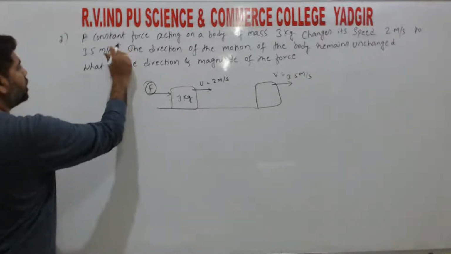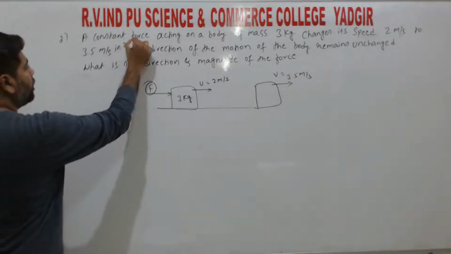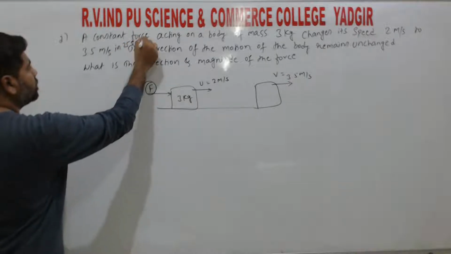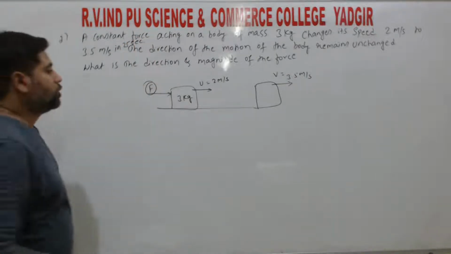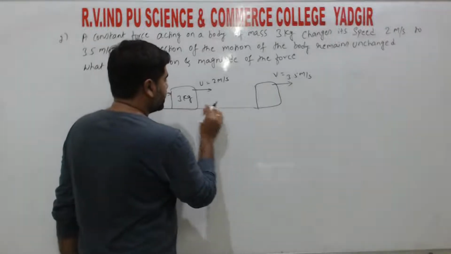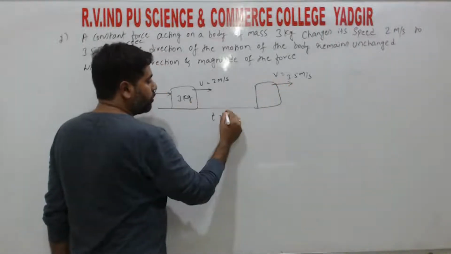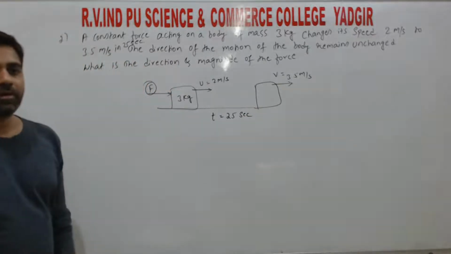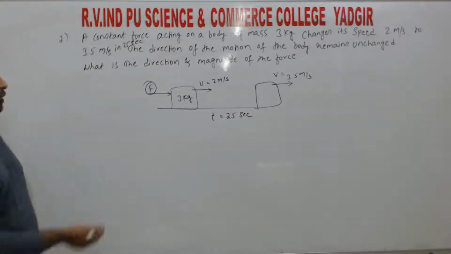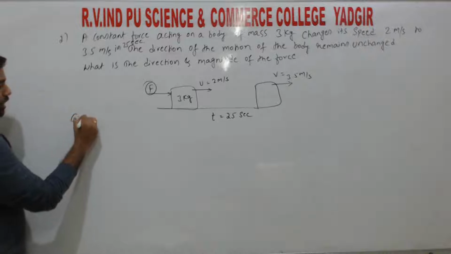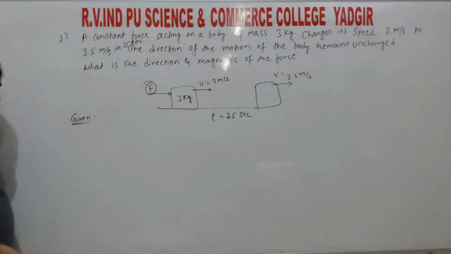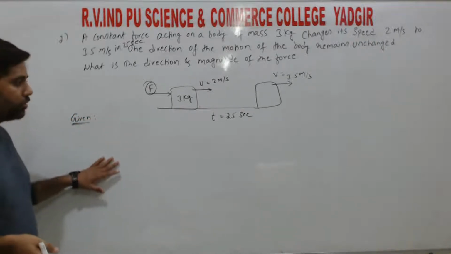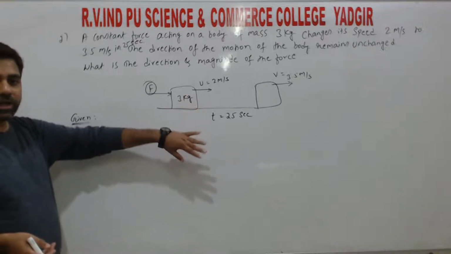Here, in 25 seconds. So the time taken to change its speed from 2 to 3.5 meter per second is 25 seconds, right? Again, first we need to write the given data. For the board exam, write the given data, then the formula, then substitution and simplification.